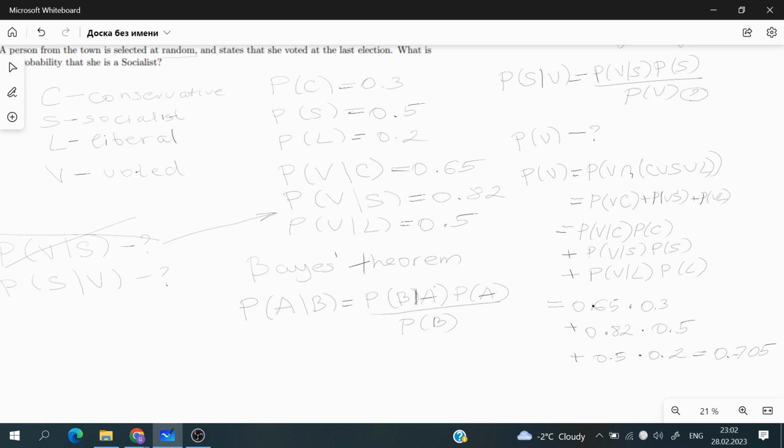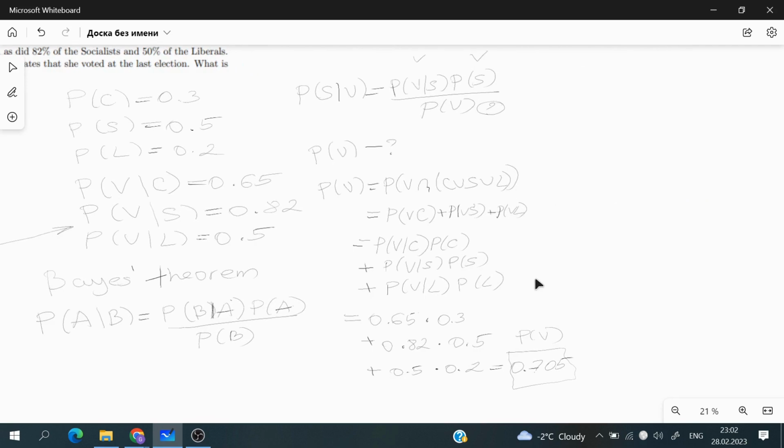Now we found that this number is our P of V, correct? Now let's find our main question. It equals P of V given S, which is 0.82, times P of S, which is 0.5, divided by 0.705.